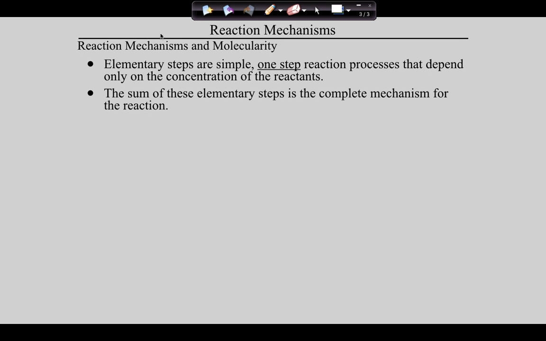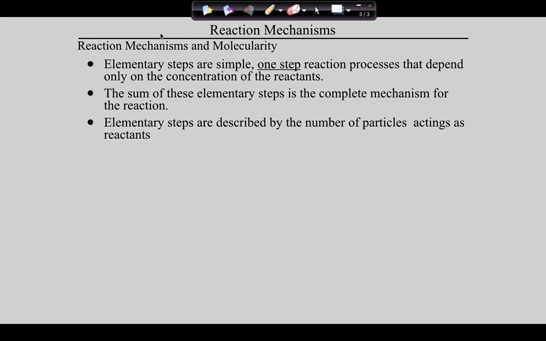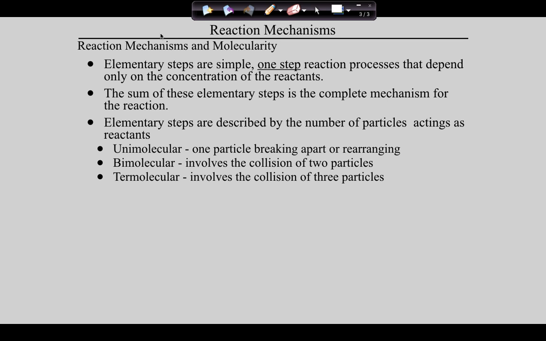And those steps we call elementary steps, and they are the simple, one-step, concentration-dependent reactions that take place as reactants turn into products. Now guys, these elementary steps we describe by the number of particles that act as reactants. And you may remember we have unimolecular, bimolecular, and termolecular steps.